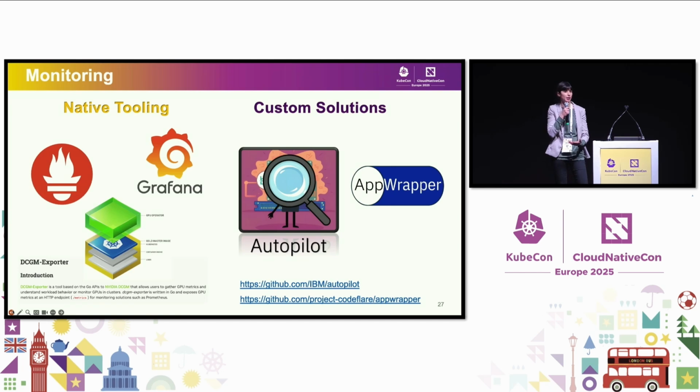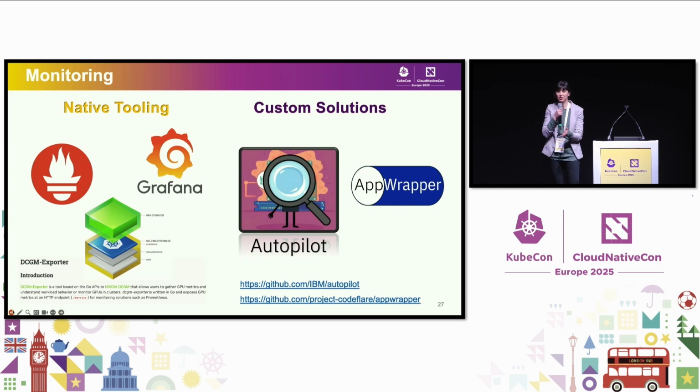Prometheus is going to provide node statistics about hardware, CPU, memory, network, but also information about the pods or the workloads that are running, how they're doing, and all of that. Grafana is a great tool for visualization. And on the GPU side, the GPU operator also provides the DCGM exporter, which creates a lot of metrics that report the status of the GPUs.